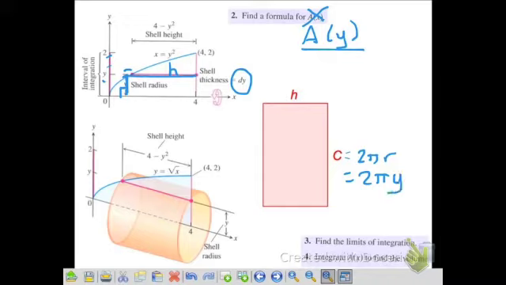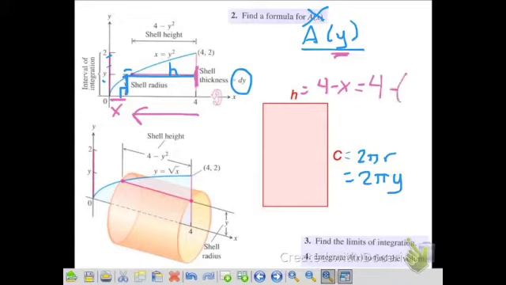Our height might be a little bit more tricky here because we're starting here at 4 and we're going back to our curve. So what we're looking at then is this part here is x. We're really taking for our height 4 minus x. We need it in terms of y, and so we're going to write that as 4 minus our function.